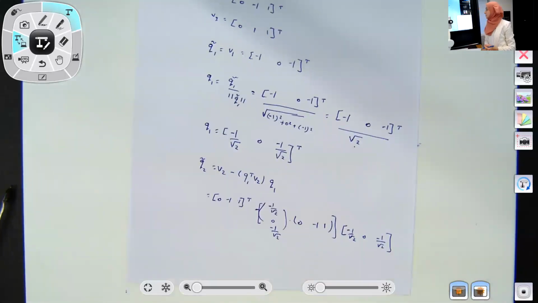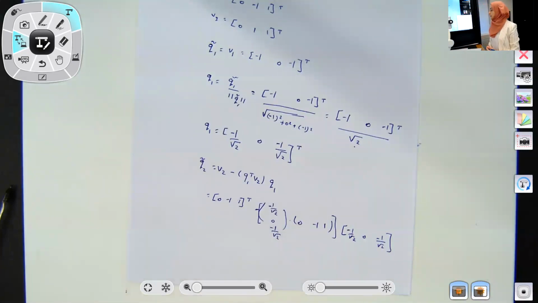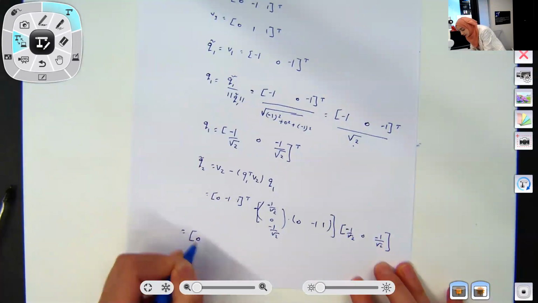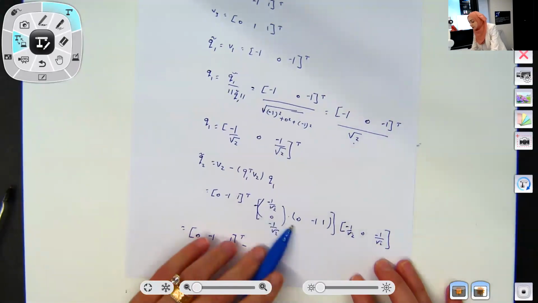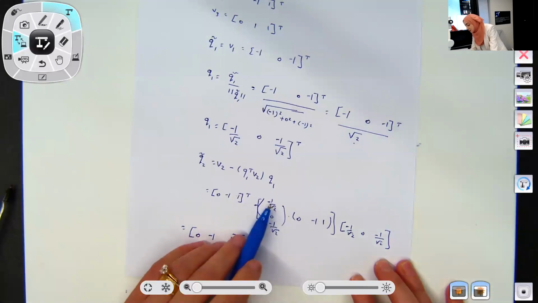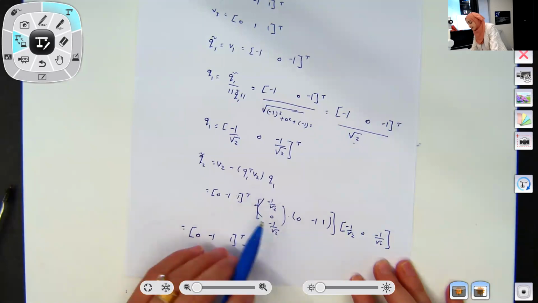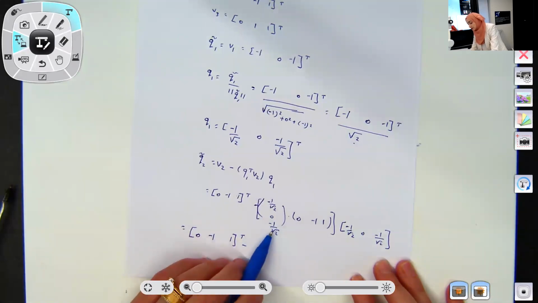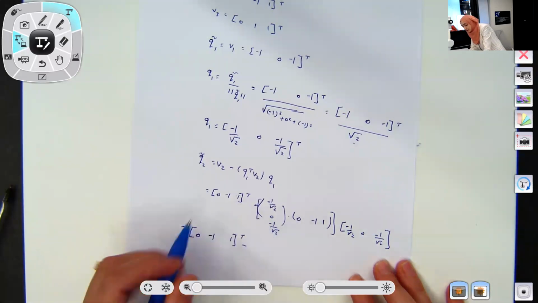Now we need just to simplify. We need at the beginning to find an inner product between Q1 transpose and V2. Then we need to simplify. This is equal to 0, minus 1, 1 transpose minus. Let's try to find the inner product. Minus 1 over square root of 2 multiplied with 0 is 0. 0 times minus 1 also is 0. Minus 1 over square root of 2 multiplied with 1 is minus 1 over square root of 2.